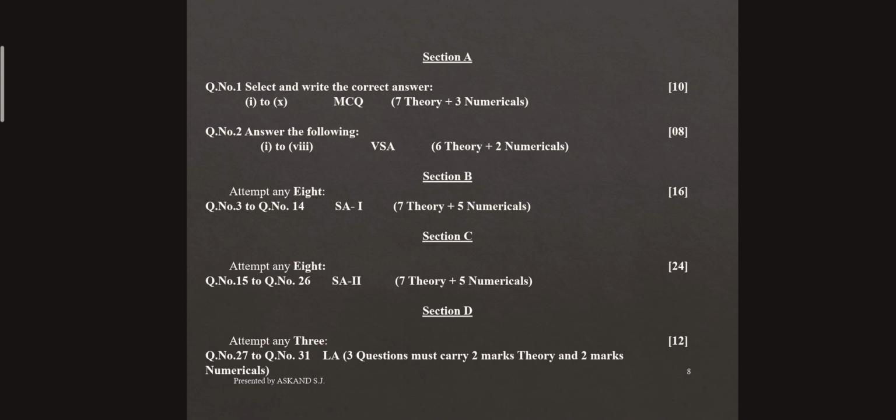Short answer type 2 means you have to write the equations and long answers, not so very long, but long answers to your questions. And in section D, whatever questions there are, it will definitely have 2 theory questions and 2 numerical questions.